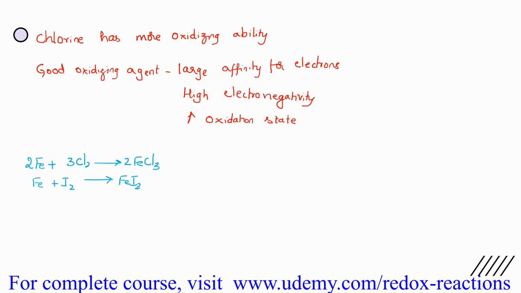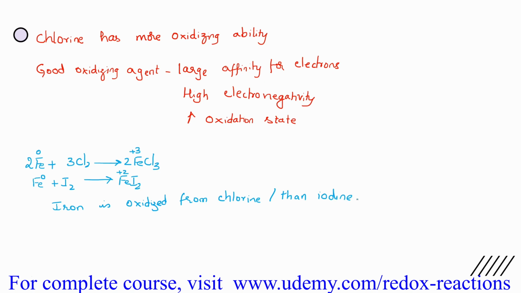Here we see that iron had an oxidation state of 0 and here it is +3, and in the second equation where it reacts with iodine it changes from 0 to +2. Now you see in the first reaction that iron is oxidized more by chlorine because the number is +3, than by iodine. That is the reason why we can say that chlorine has more oxidizing ability when compared to iodine.